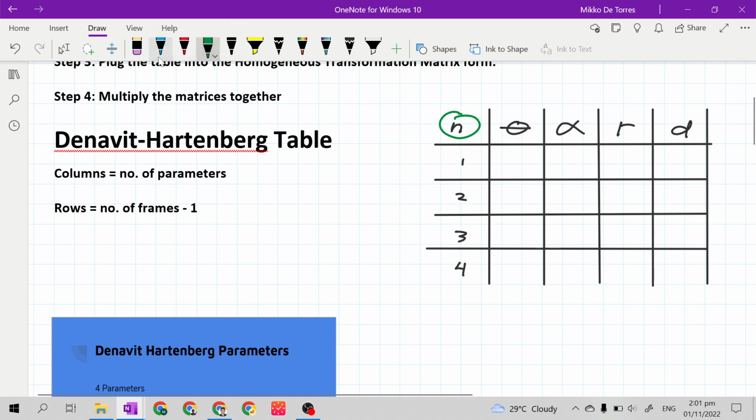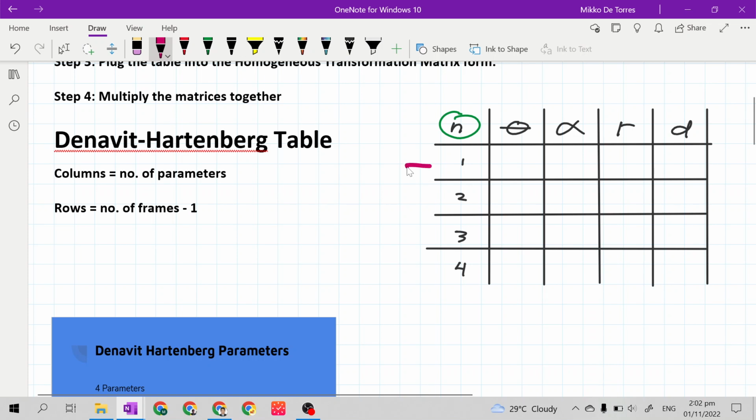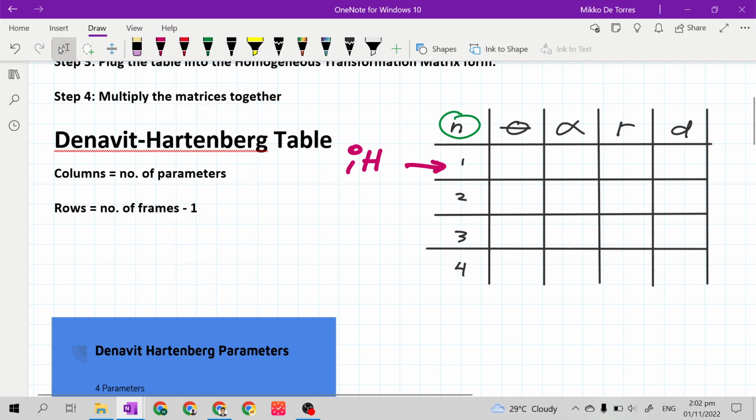So this first row represents the homogeneous transformation matrix from 0 to 1, the homogeneous transformation matrix of frame 1 relative to frame 0.